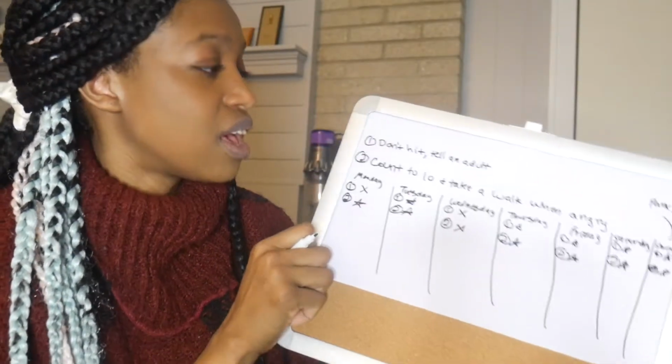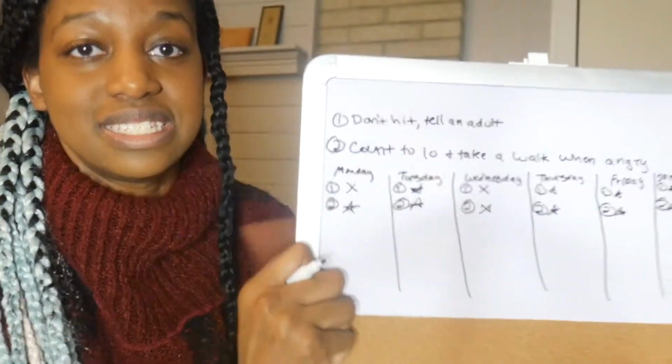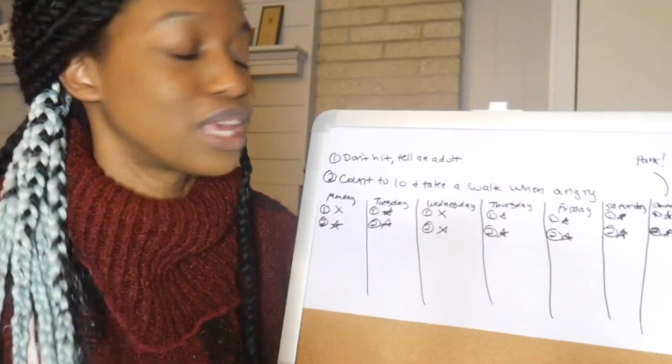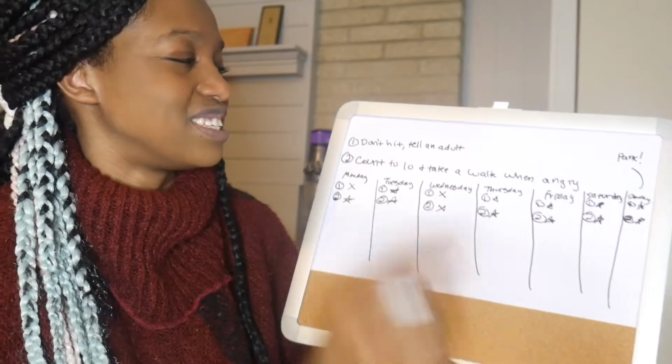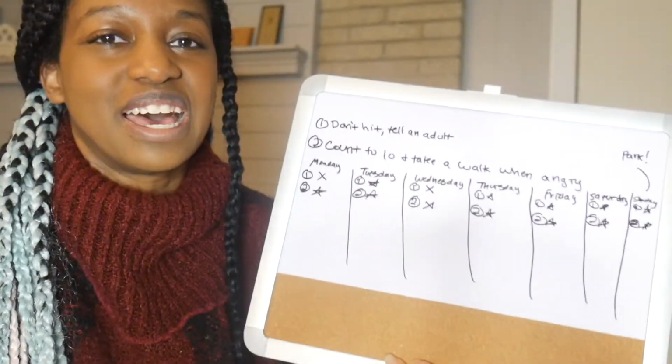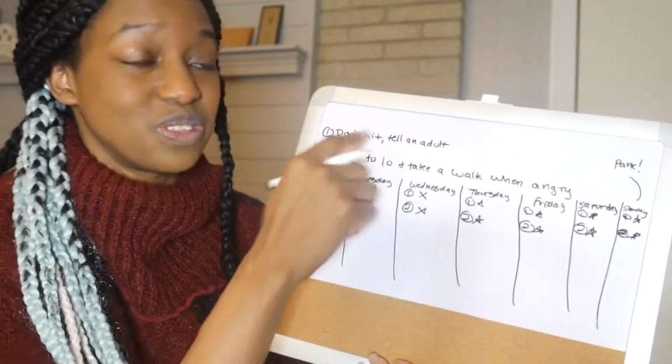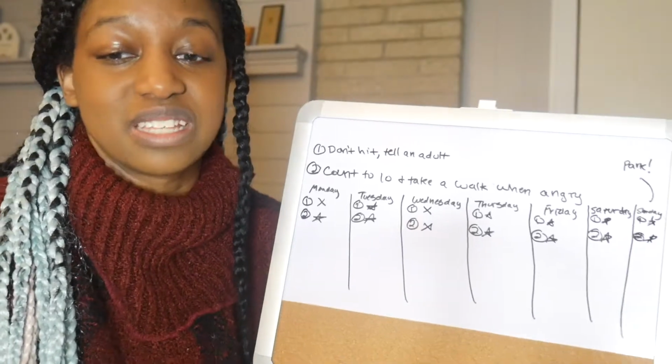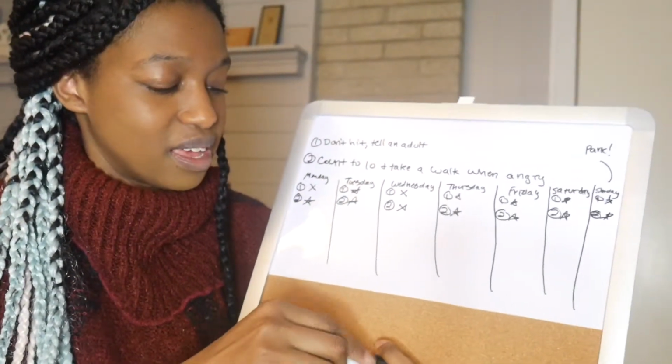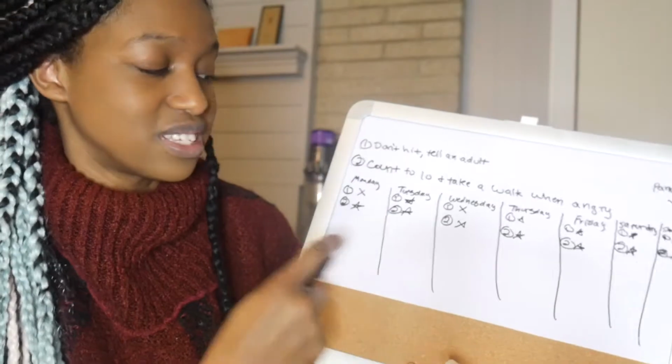Now, I'm very aware that a day is 24 hours. So just because a child does these things one time, or doesn't do these things one time, doesn't mean that it's all over, right? Like, that's why this is a good incentive.